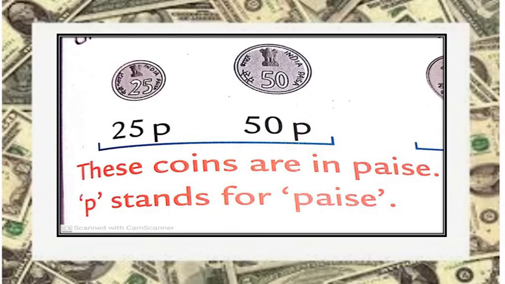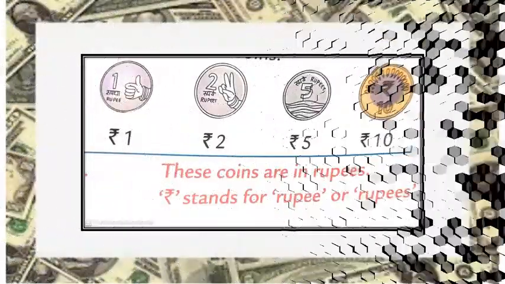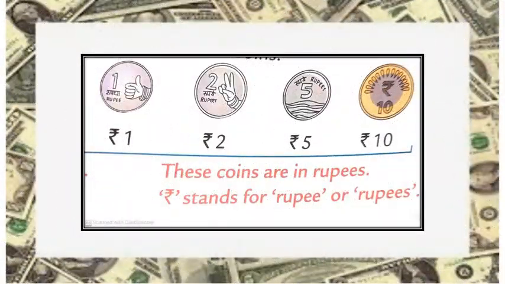These coins are in paise. P stands for paisa. These coins are in rupees.